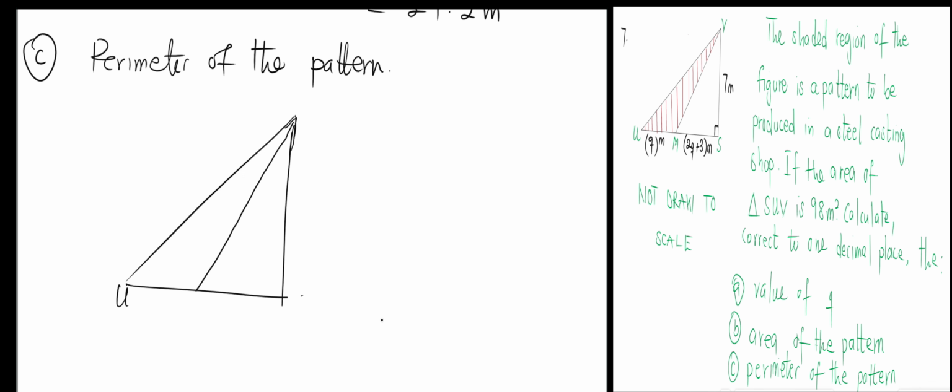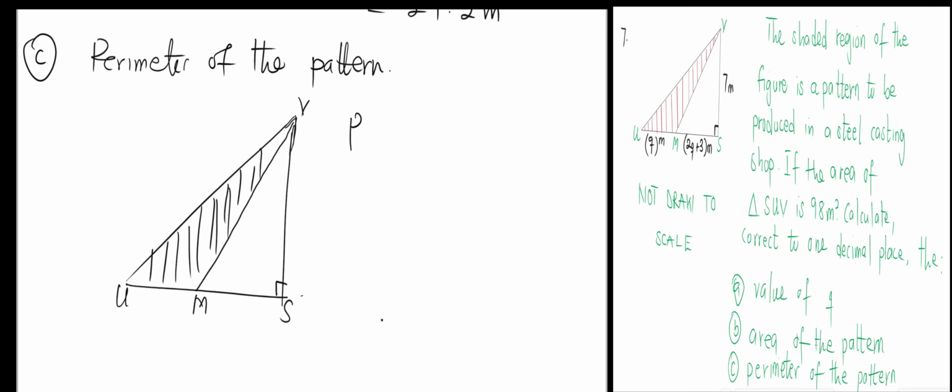So we have U, we have M, we have V, and we have S. And this is the shaded region, which is the same as the pattern. So we have to find the perimeter of the pattern.